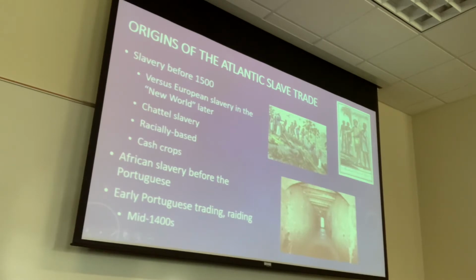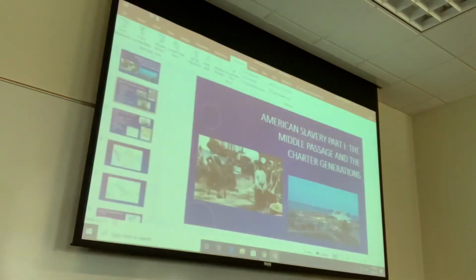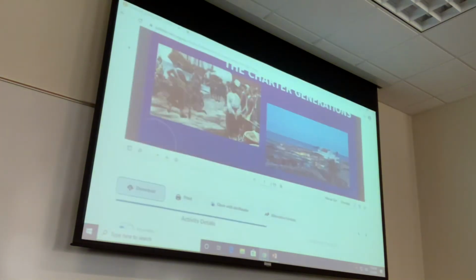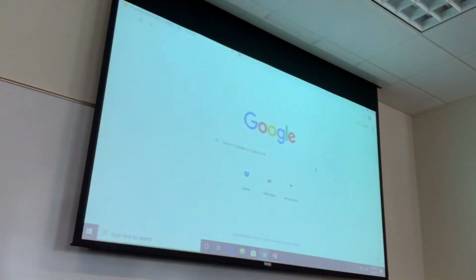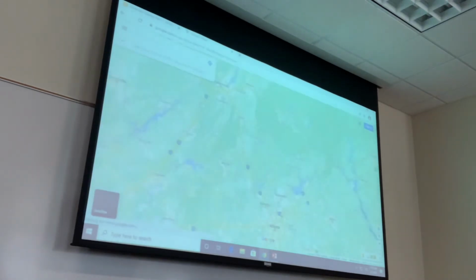This is looking out towards the coast from the Portuguese trading fort that becomes a slave fort. That is Elmina Castle. And if you'll indulge me, we'll go there. Let's see, can I get relatively close?